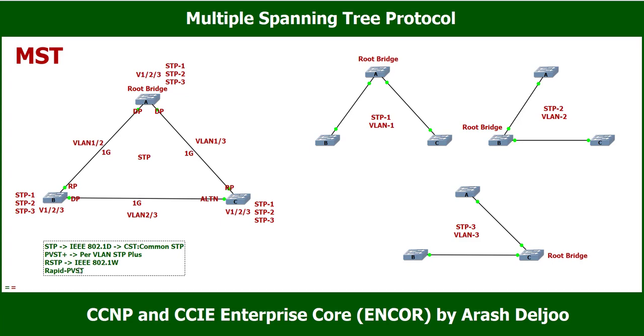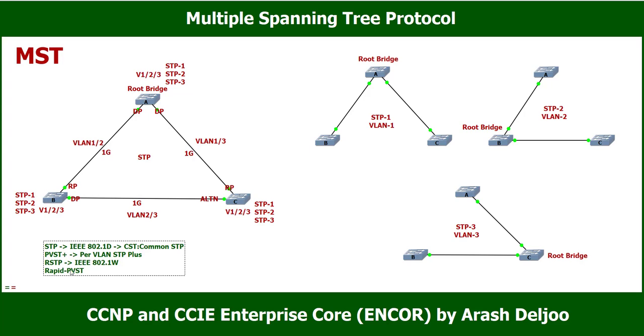Actually here, about the fundamental roles, we don't have any difference. Again, in Rapid PVST, we are selecting the root bridge, and after that the root port in each switch, and after that the designated port in each link, and finally we will have the active topology. But about the convergence, in Rapid PVST we have some new mechanisms like the synchronization mechanism, and also the proposal packet, agreement packet, and some other features that I have explained before.